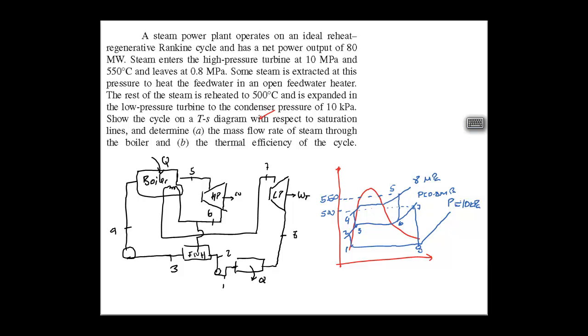So in order to solve it, we know that the efficiency, as usual, is the net work divided by Q in.